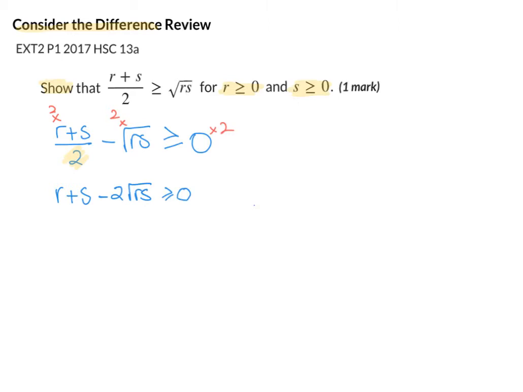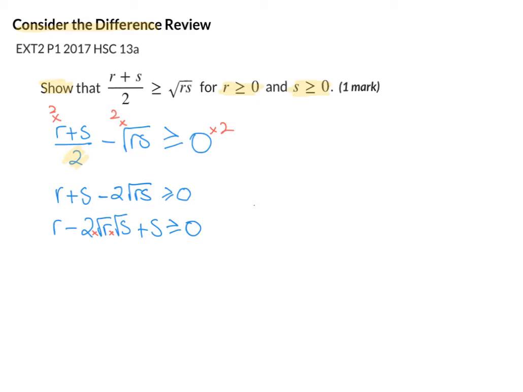So I'm going to rearrange this statement so that the surd is in the middle. And we'll see why in a second. Okay, so I've also split that surd in the middle, and remembering that this expression here means that I have 2 lots of the square root of r multiplied by the square root of s.